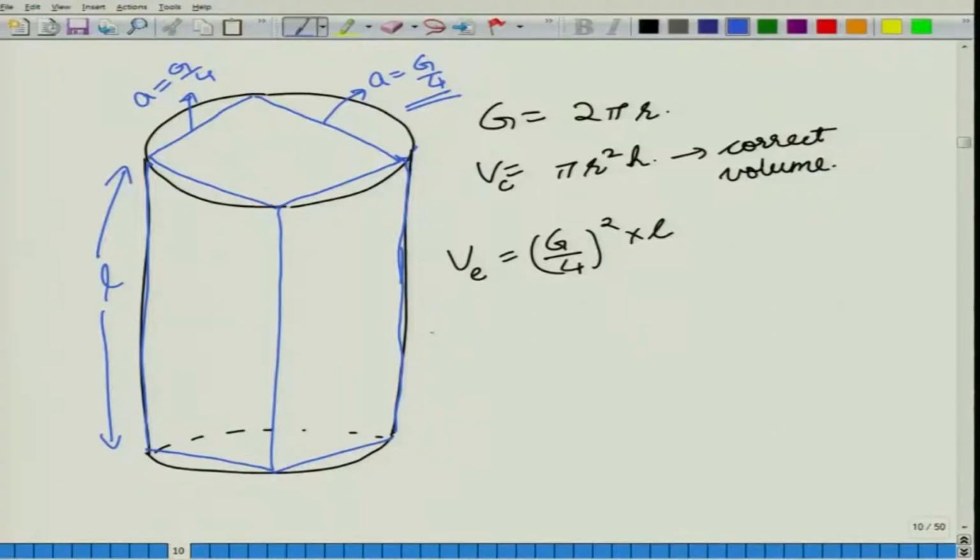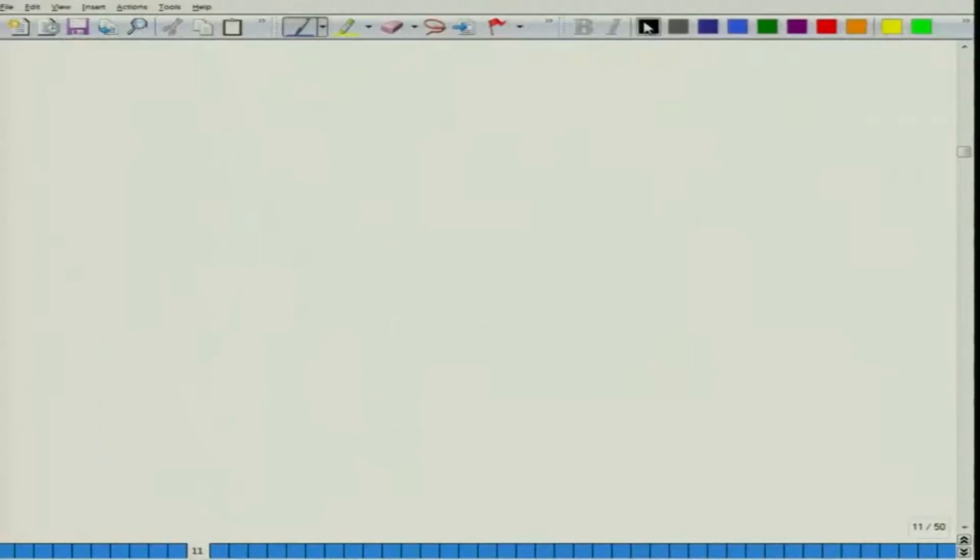So, the volume is given by A into L, because the volume of a cuboid is length into breadth into height, and because A is G/4, we are writing it as (G/4)² into L. Now, if we wanted to find out how much this estimated volume is in comparison to the correct volume, what we want to compute is volume estimated by volume correct into 100%.